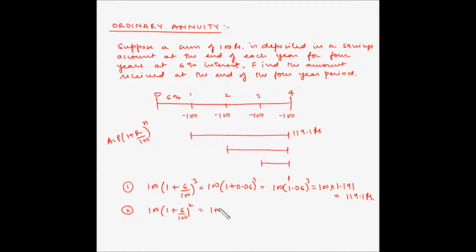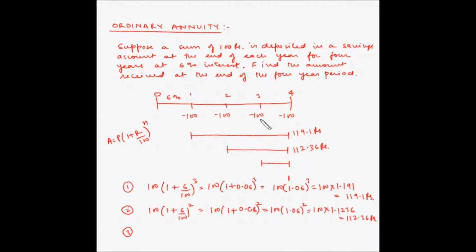So now we have 100 into 1 plus 0.06 to the power 2, 100 into 1.06 to the power 2, 100 into 1.1236, so this is 112.36 rupees. So this 100 rupees deposited at the end of the second year will now become 112.36 rupees.